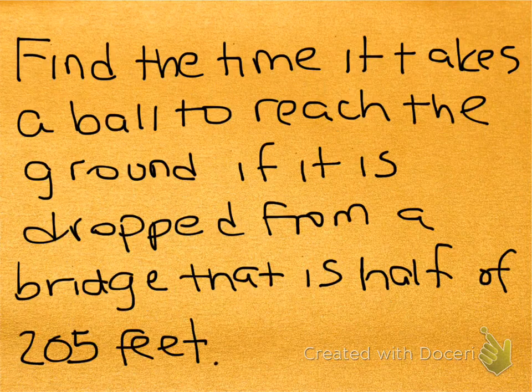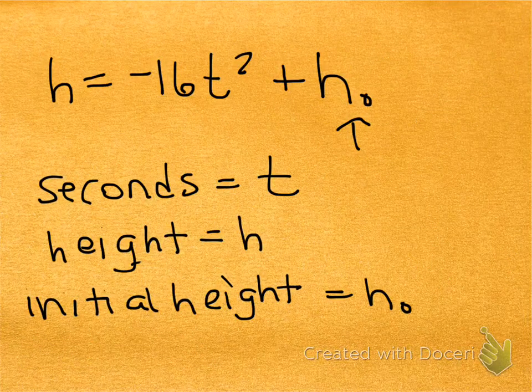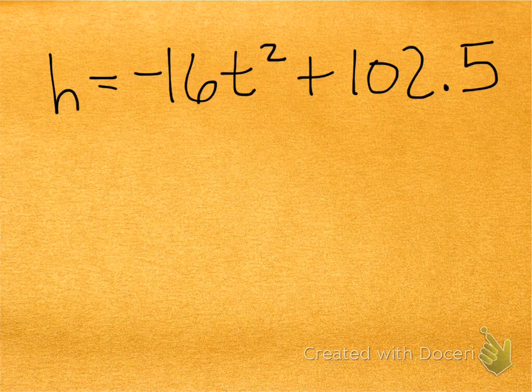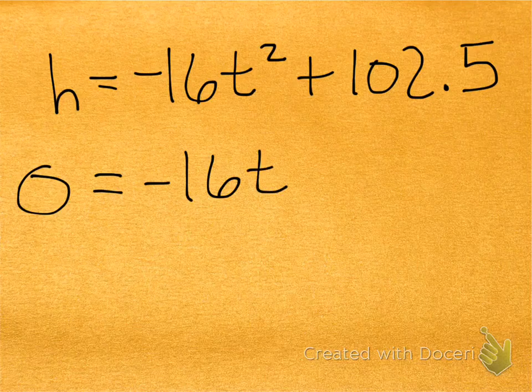And then we're asked to find the time it takes to reach the ground, and if it's on the ground, that means our height is going to be 0, so we're going to put 0 in for h, and we need to solve.